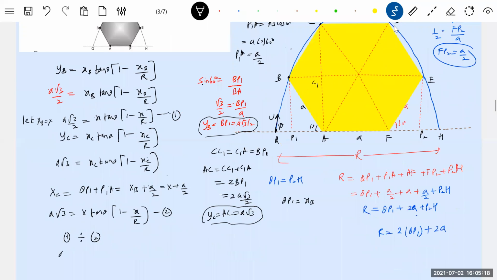That's why I'm dividing it. A root 3 by 2 by A root 3, X tan theta, 1 minus X by R. Oh, I know. So this is X plus A by 2. No. 1 minus X by R.